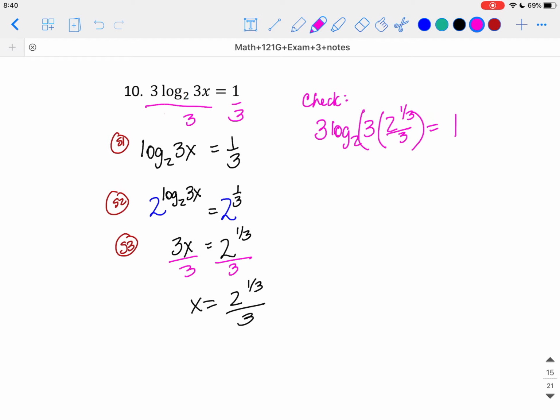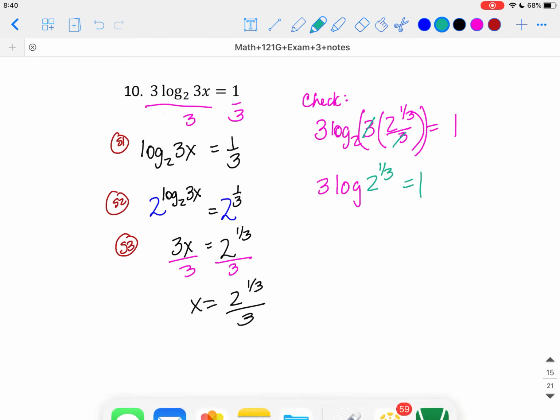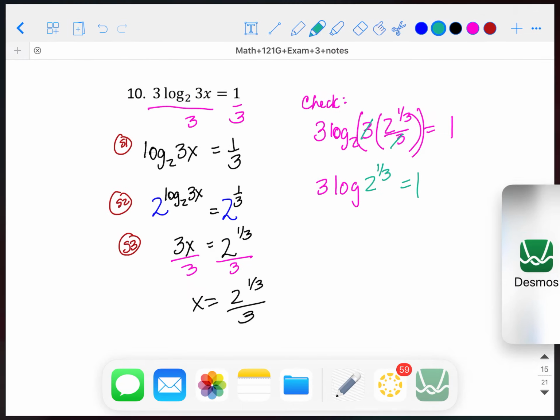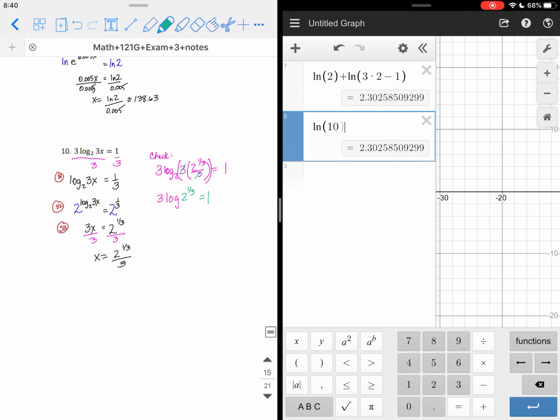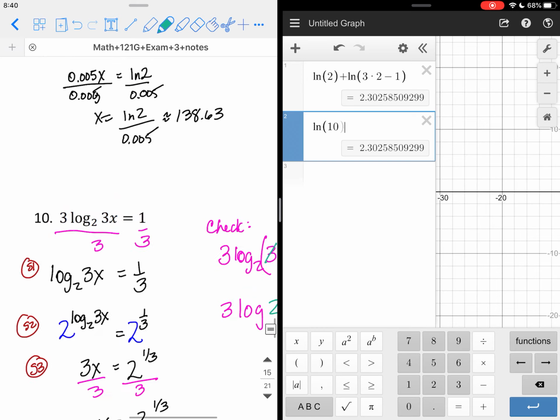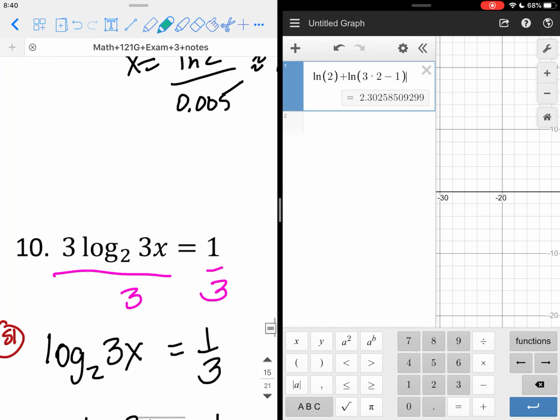So I'm going to have 3 log, so this 3 and this 3 simplify to 1. So 3 log of 2 to the 1/3 is equal to 1. And actually, with the calculator, I didn't have to really simplify that.